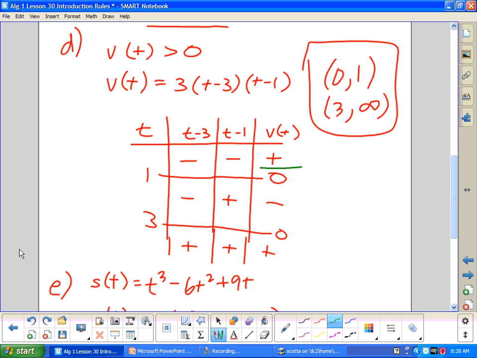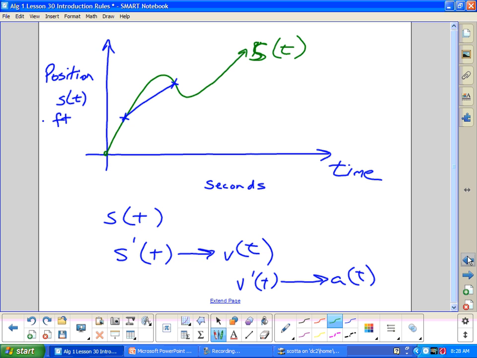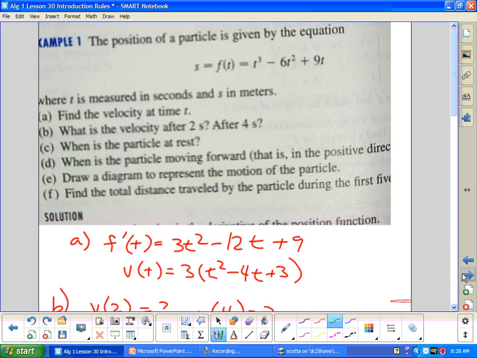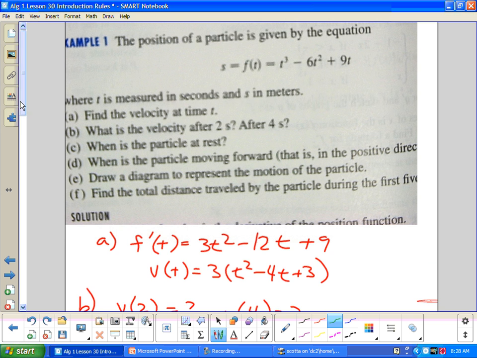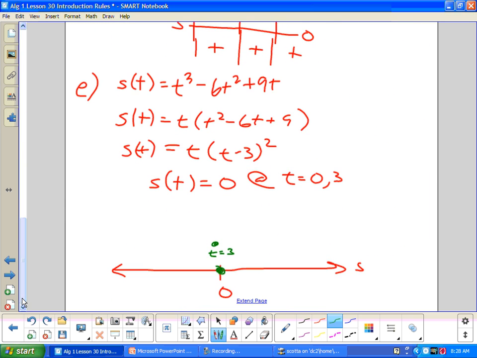So if I'm going right, listen, I go to the right for a while. Well, I also know that at 1 second my velocity is 0, and then I start going backwards. So if I plug 1 into the position function, 1 times 4, I get position 4.